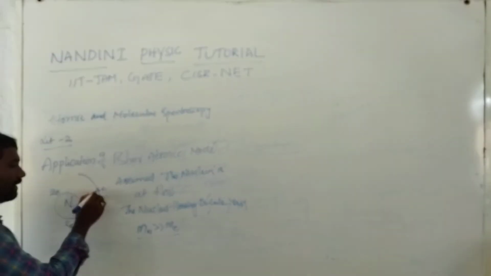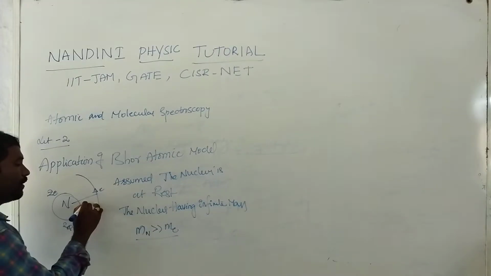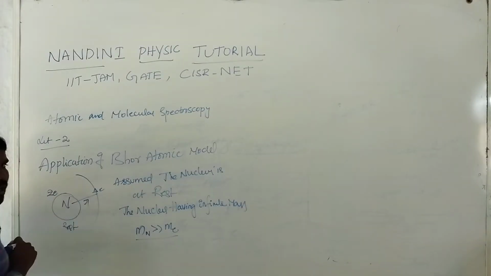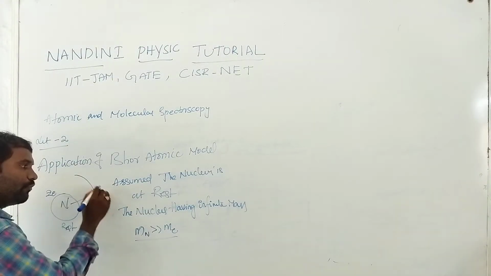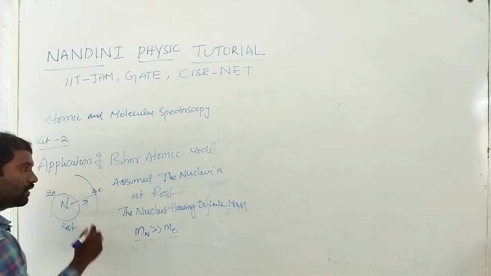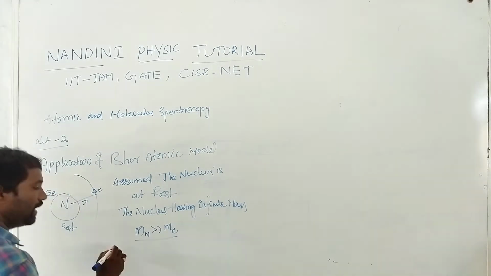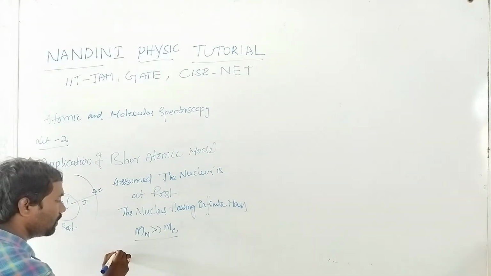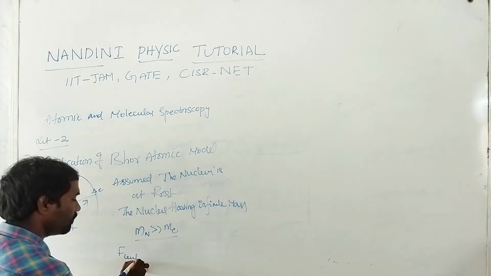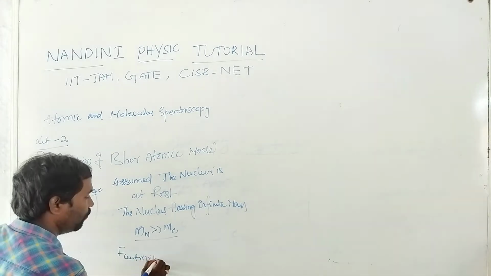Okay, understood everybody? See, this is a nucleus. Right now this nucleus is at rest. The distance between the nucleus and the electron is small. Therefore the rotation or spinning of this electron gives the centripetal force.